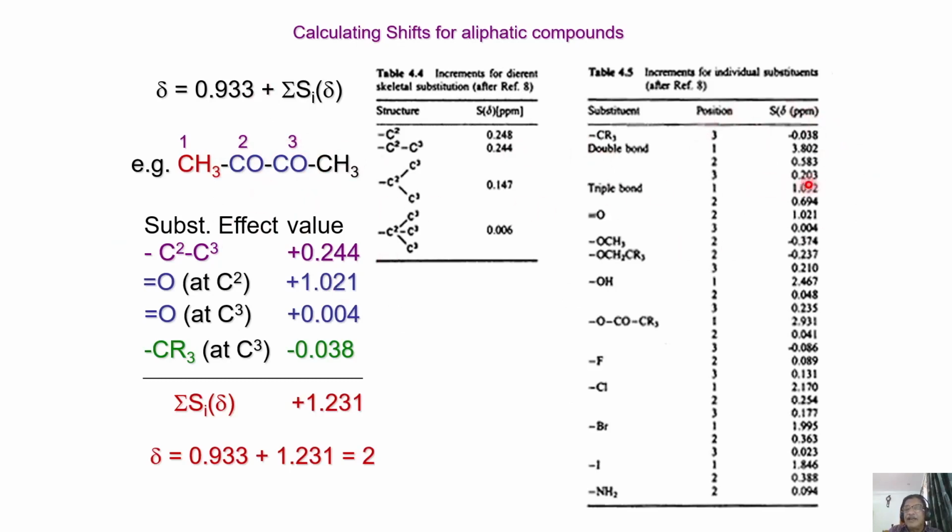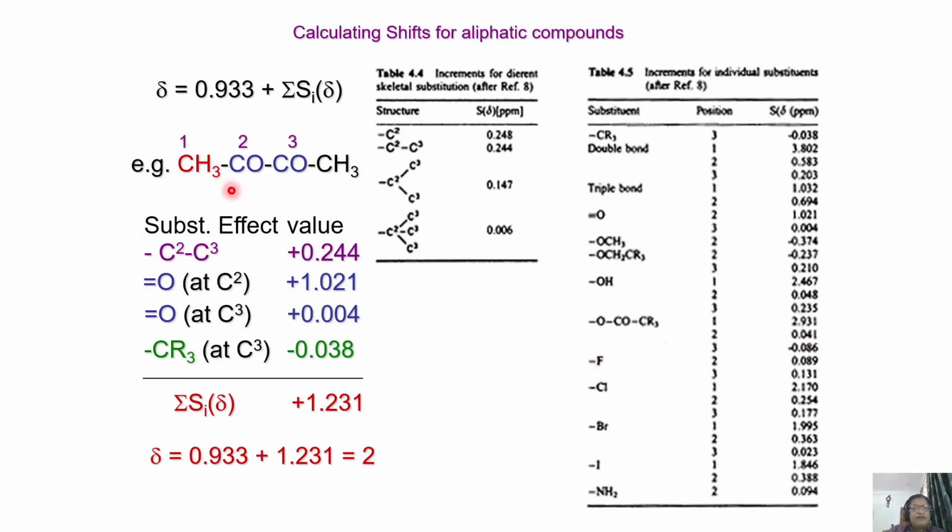And keep on adding for that. For example, in some cases it can be negative, you see, minus here. So as I said, it's not always additive. It is only the contribution factor which we have to take into account as a sum while working out the approximate value of the chemical shift.